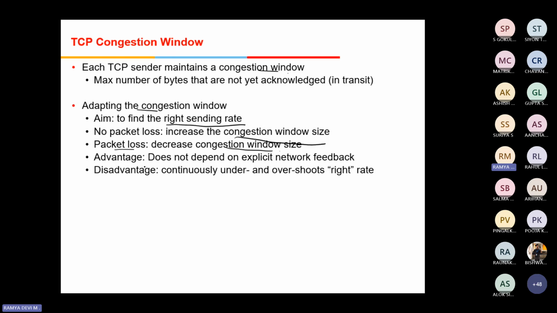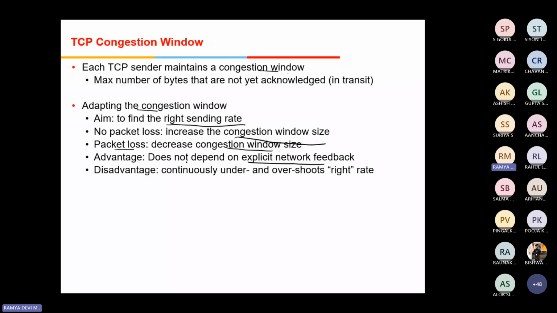This increase and decrease strategy helps TCP adjust the throughput so that congestion does not happen in the network. This mechanism works without needing any explicit network feedback from the routers or any portion of the network.